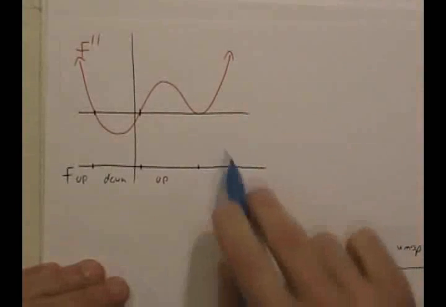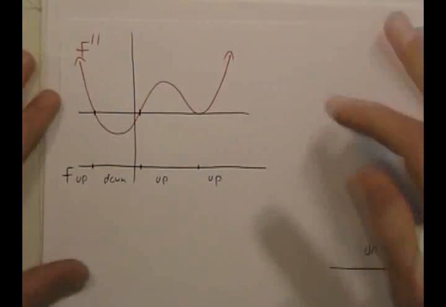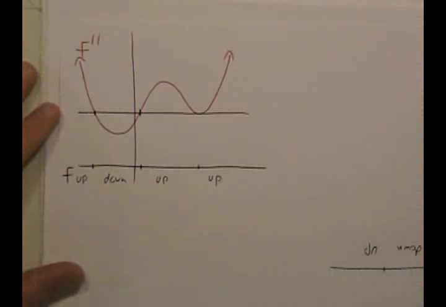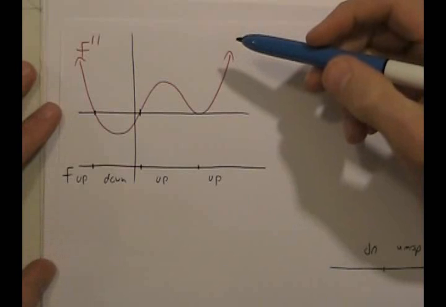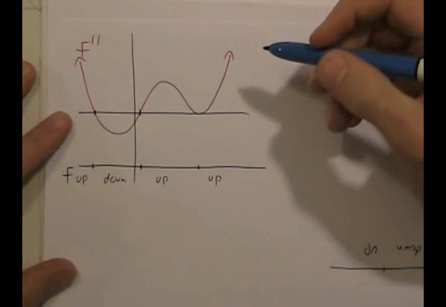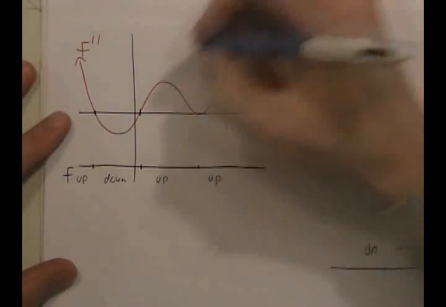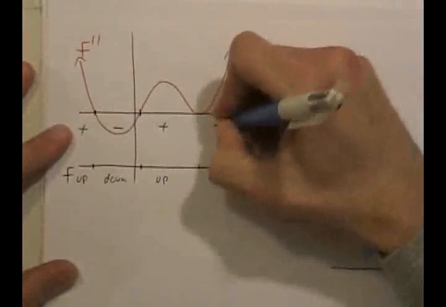And from here on, it's also still concave up. So that's it. To determine the concavity using a graph of f prime prime, you just look for the signs, positive and negative, right? We got positive, negative, positive, positive.